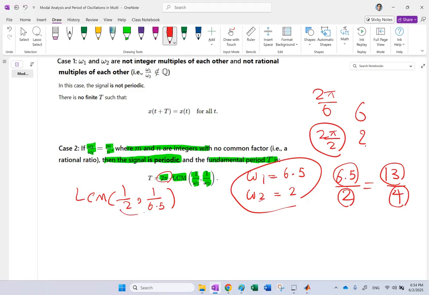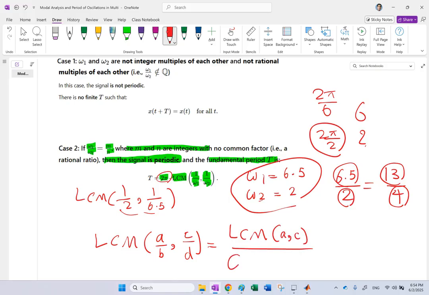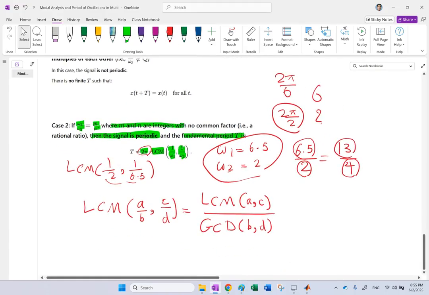So how would you find this? What is the LCM of 2 ratios? The LCM of A over B and C over D can be written as the LCM of A and C over the greatest common divisor of B and D. Okay, so in this case, you have 1 over 2 and 1 over 6.5.